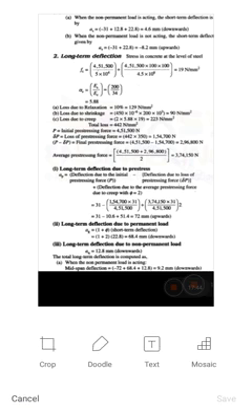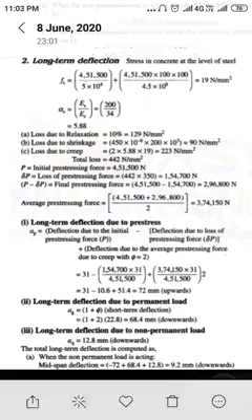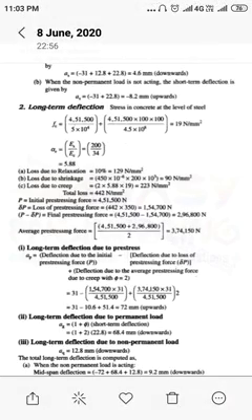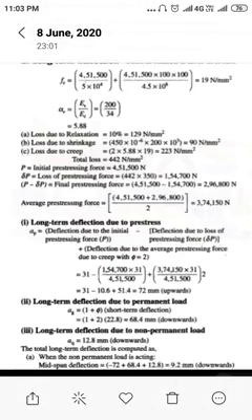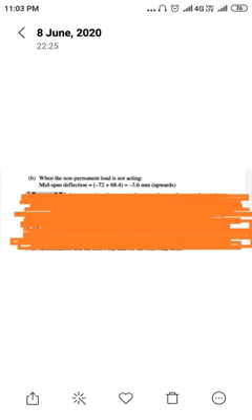After this, finally there is one small step here. Earlier it was the case when the non-permanent load is acting. This is the second case, when the non-permanent load is not acting.